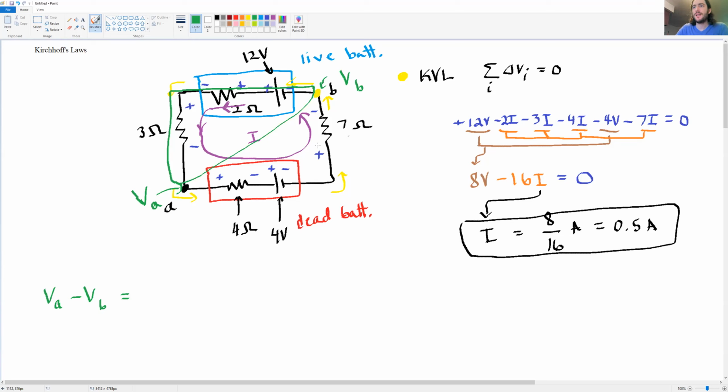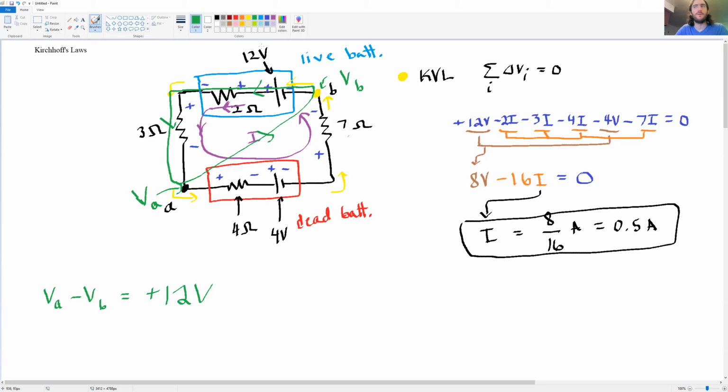as long as I apply Kirchhoff's voltage law correctly, okay? And since I want VA minus VB, the potential gains as I go this way would be equal to the potential across VAB here. Okay, so VAB is equal to the gain of the 12 volts right here.